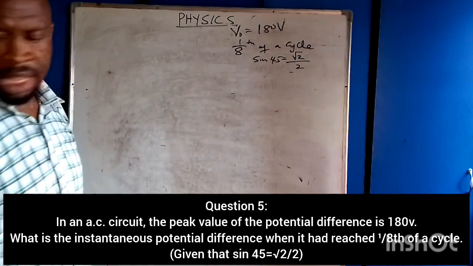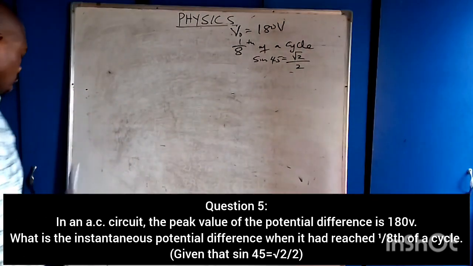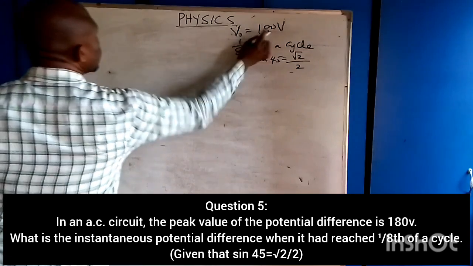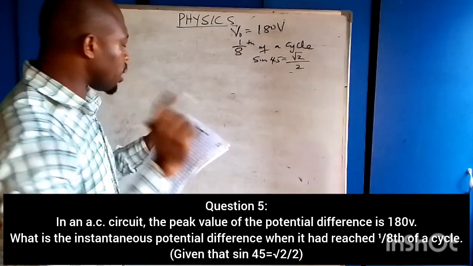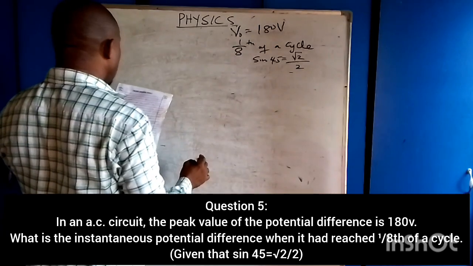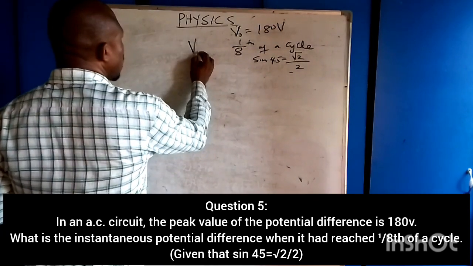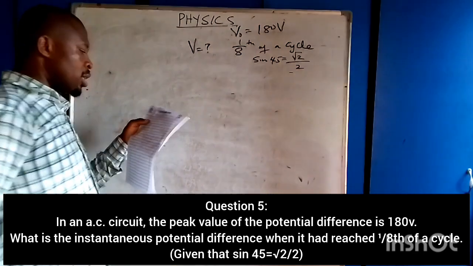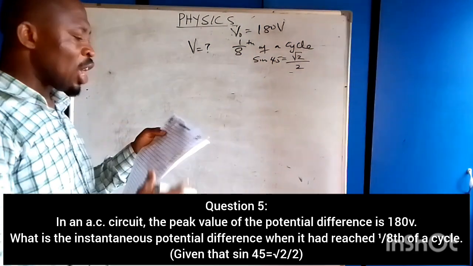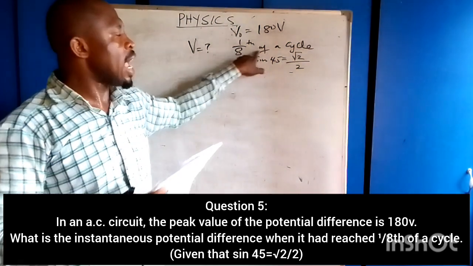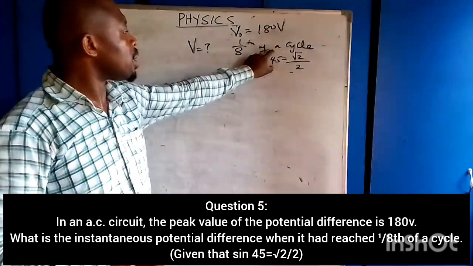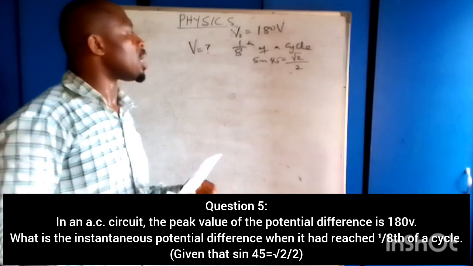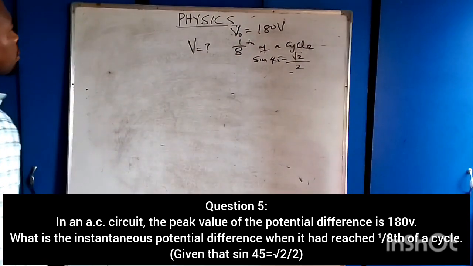Given that V naught is that value, and they said, what is the instantaneous potential difference V when it has reached 1/8 of a cycle, given that sine 45 is that value.